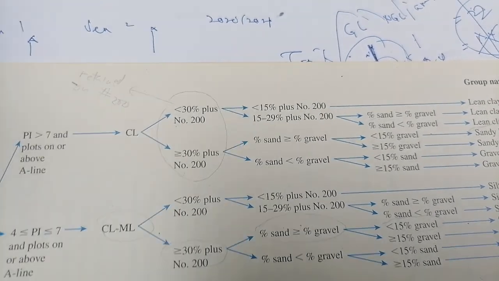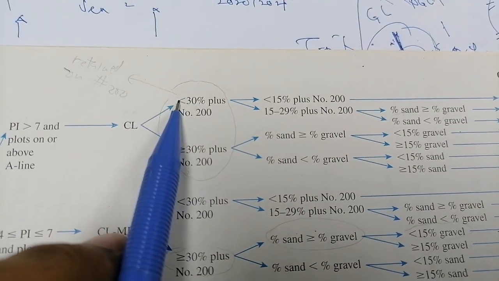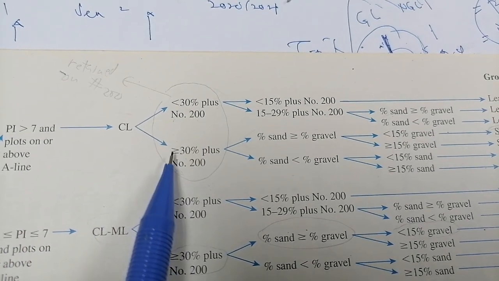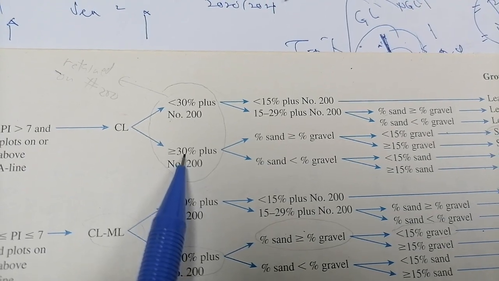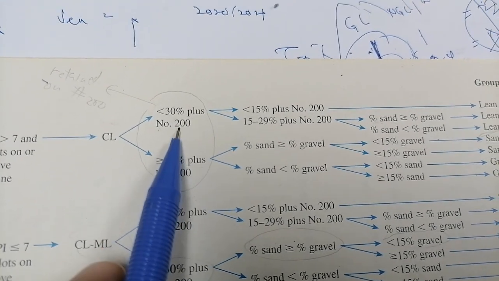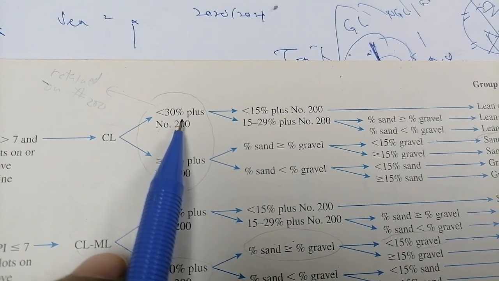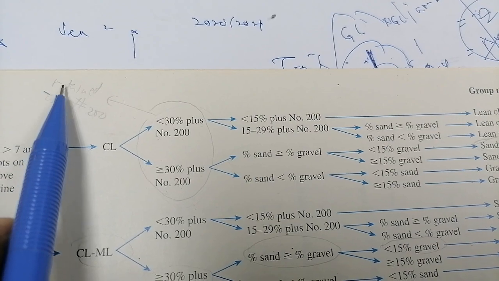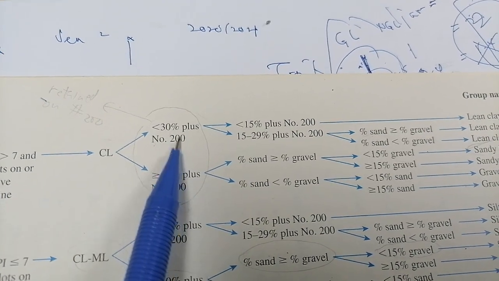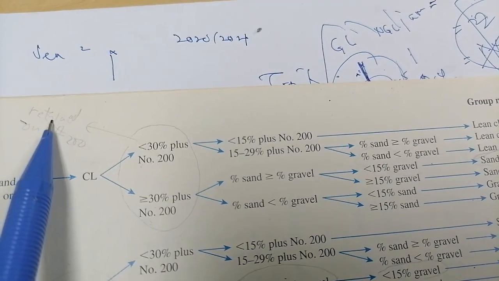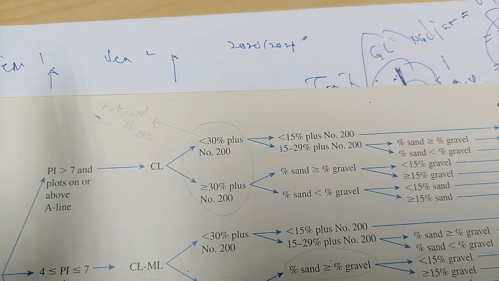So whether it is less than 30% plus number 200, or whether it is bigger than 30% plus number 200. What does this mean? This basically means the percent retained on number 200 sieve. You have to check percent retained on number 200 sieve.